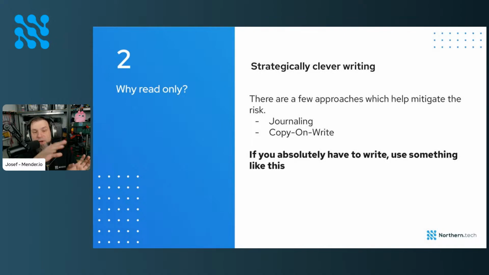So if something at writing goes wrong, you can just say, okay, I'm going to stick with the old state. Again, none of these are bulletproof, if you ask me. But if you think you absolutely need a writable file system, then make sure techniques like these are enabled.